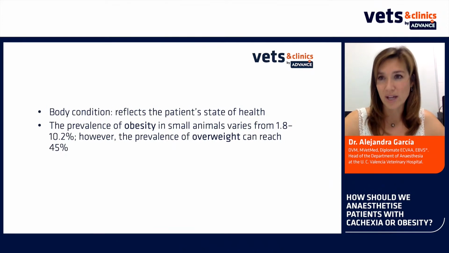However, the prevalence of overweight patients can reach up to 45% of the population in small animals. Therefore, it's really common that we will have these patients coming in for anesthesia or sedation for diagnostic or surgical procedures.